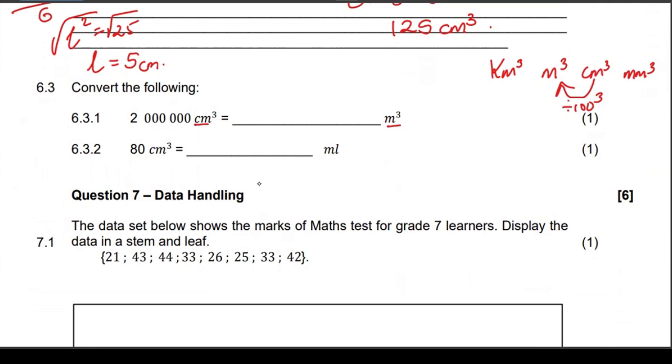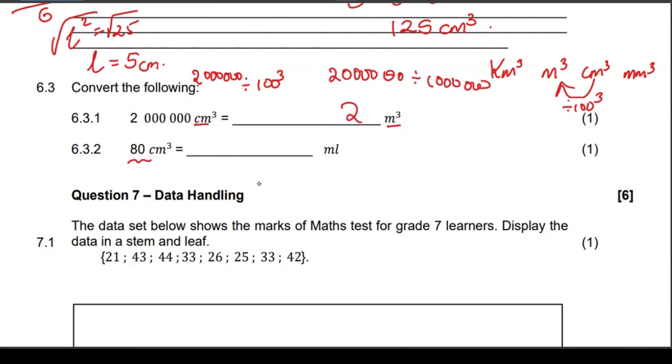So 2 million divided by 100 cubed, which is 100 times 100 times 100. Why am I saying 2? Hello, it's 2 million. So it's 2 million, divided by 1 million. The answer becomes just 2 meters cubed.